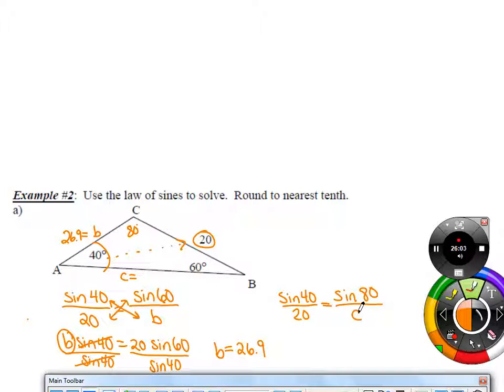And then I would go through the same process of solving this. Okay, so C times the sine of 40 equals 20 times the sine of 80. And again, I would divide by the sine of 40.